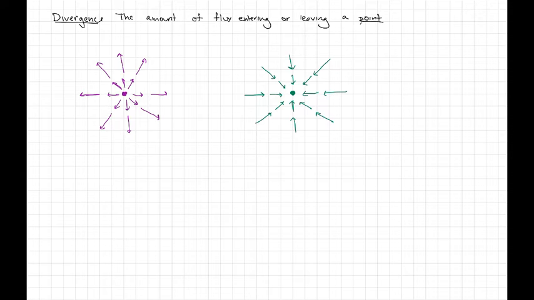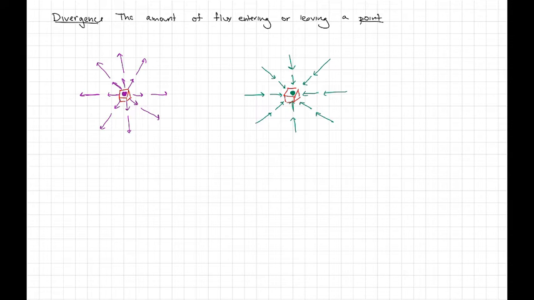Based on our discussion before, hopefully it would make sense that if I were to draw a tiny little box around each of these points in the center of these fields, each of them would have non-zero flux.